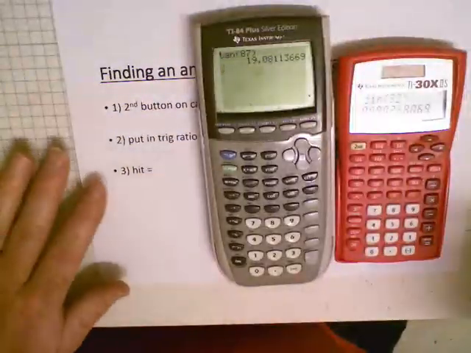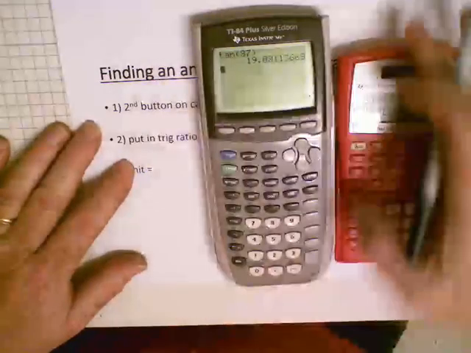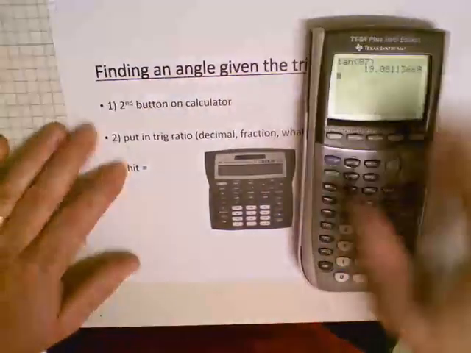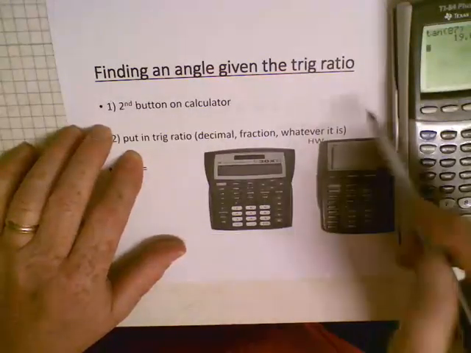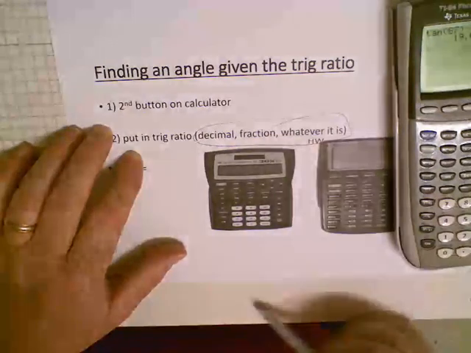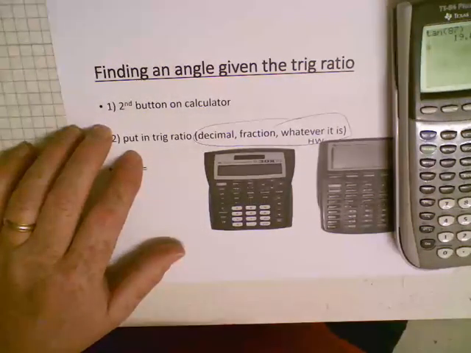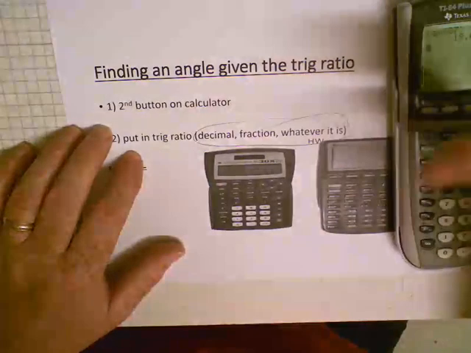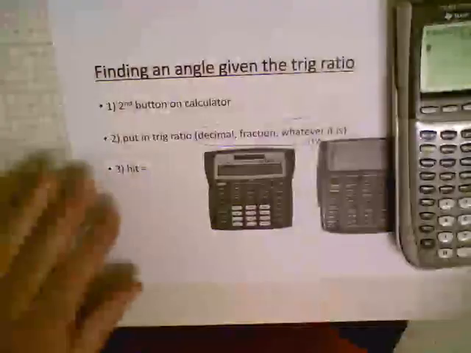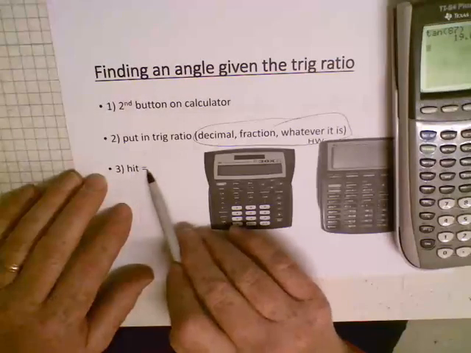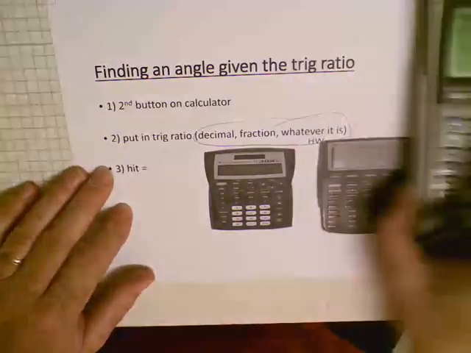So you're going to hit that button, second or shift, whichever it is. Put in the trig ratio. That's either the decimal, the fraction, or whatever it gives you. Alright? So it's like we're working these problems backwards. Now instead of knowing the angle, they're telling us the trig ratio, and we're trying to find the angle. So if we were on the chart, we would know this number in here, and we would use the chart backwards to find what angle we're dealing with. Hit equals or enter, and that's going to tell you the answer.